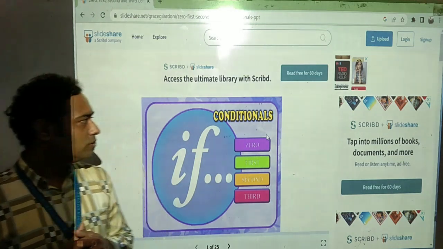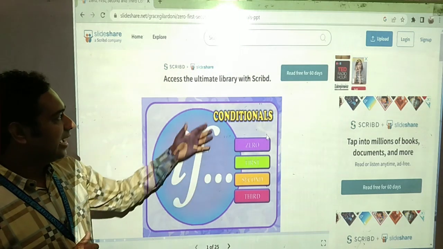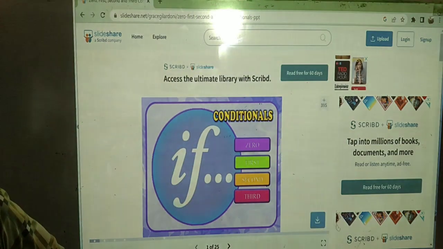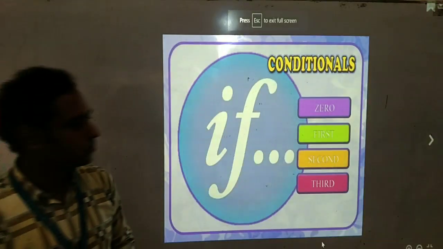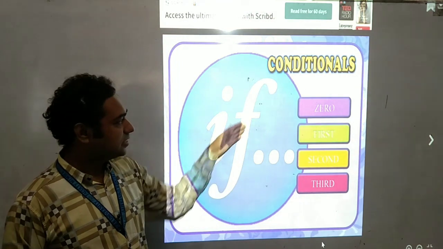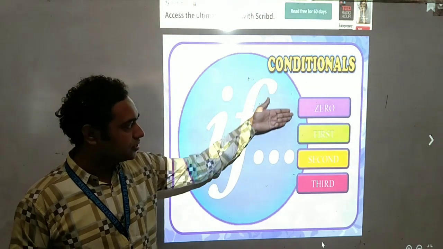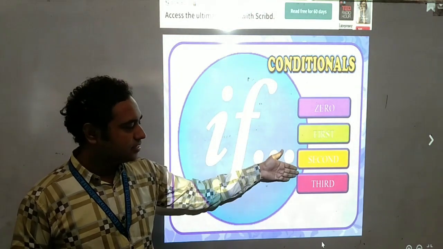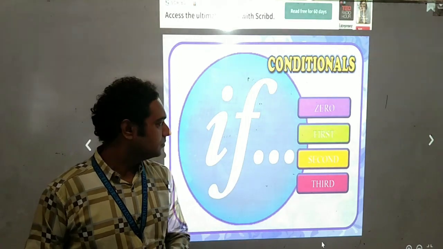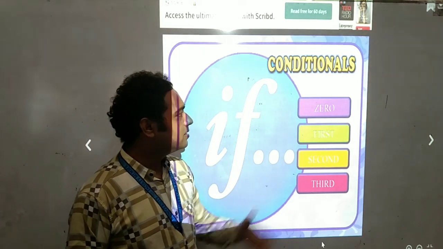Right? So conditional sentences are actually if sentences. There are four types of conditions: zero, first, second, and third conditions. What is very important is the zero condition.